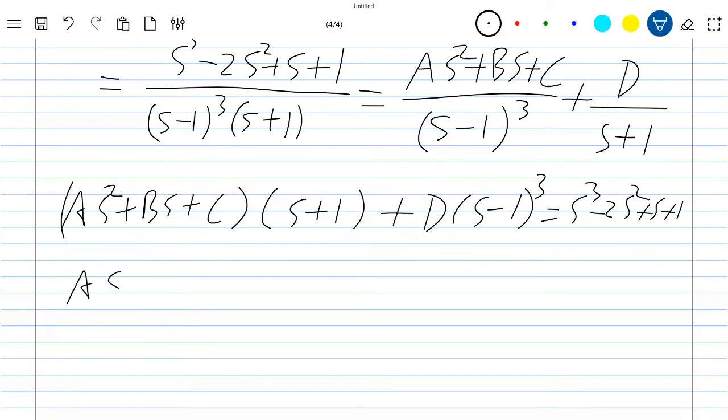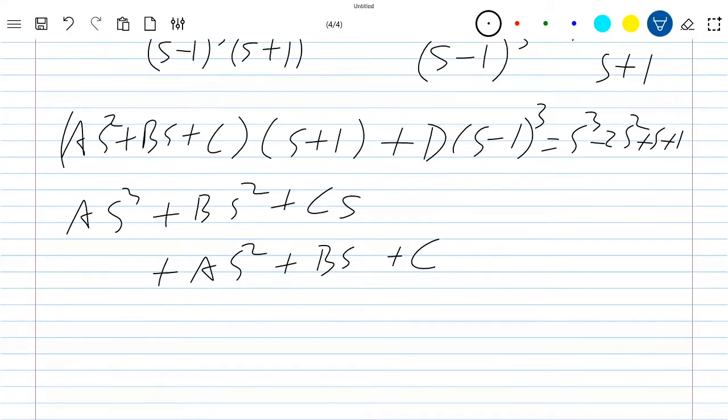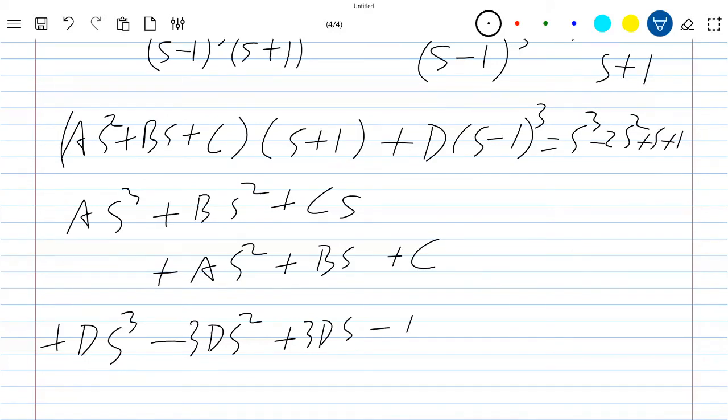You have as cubed plus bs squared plus cs, then times 1, you get as squared plus bs plus c. Then the d part will give you 4 terms: ds cubed minus 3ds squared plus 3ds minus d. And the right hand side equals s cubed minus 2s squared plus s plus 1.